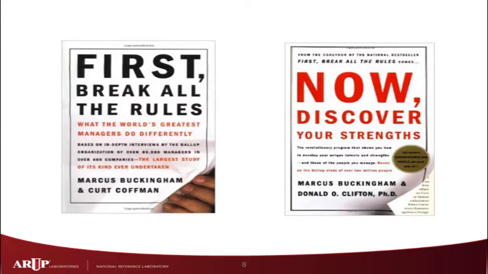The second book, Now Discover Your Strengths, the importance of this book is it suggests a shift in thinking. We now want managers and supervisors to identify the strengths of staff members and capitalize on them. What can they do to contribute to the department and the organization utilizing those strengths?